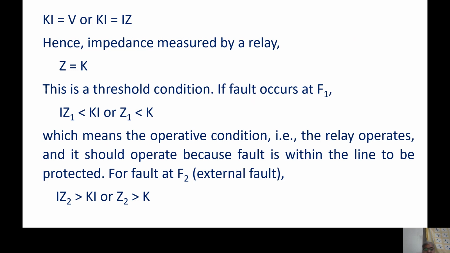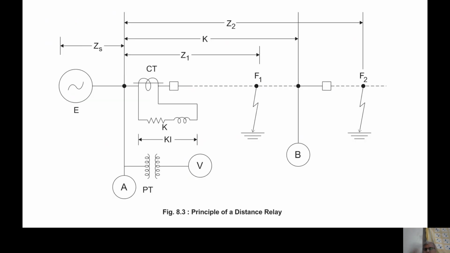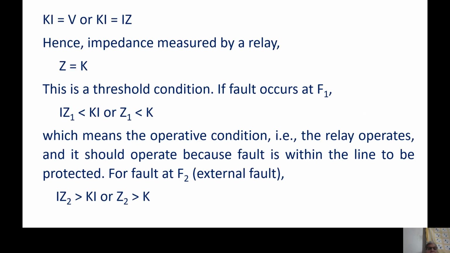Similarly, Z2, that is fault outside, IZ2 is always more than Ki, or that way Z2 is more than K, is out of the circle, and any point outside the circle is not within our characteristic. So relay should block. Relay is at threshold if the operating point is on the circle.